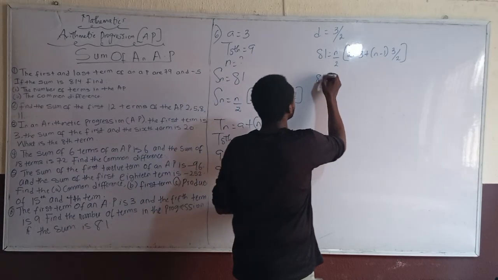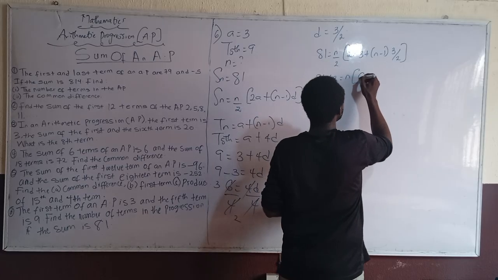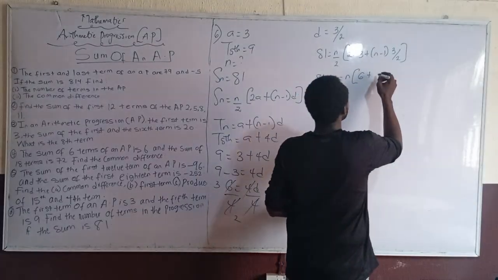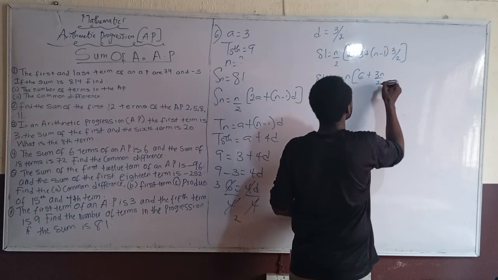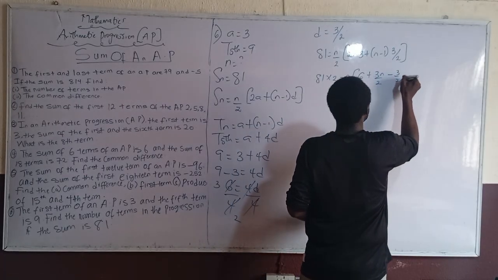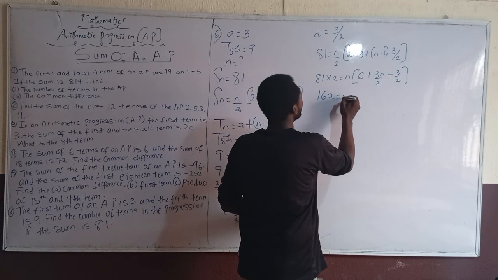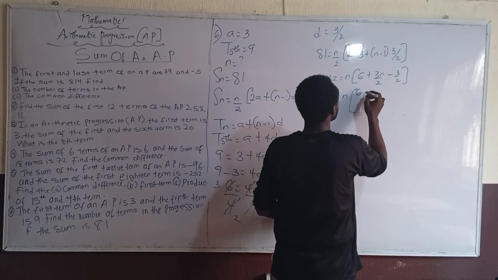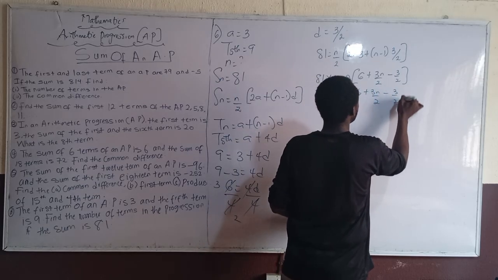That will be 81 times 2 equals n. 2 times 3 is 6, plus 3 over 2 times n, that is 3n over 2. Then 3 over 2 times minus 1, that is minus 3 over 2. Then here will give me 162 equals n. Now 6 plus 3n over 2 minus 3 over 2.